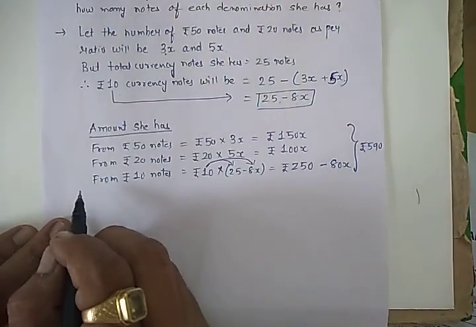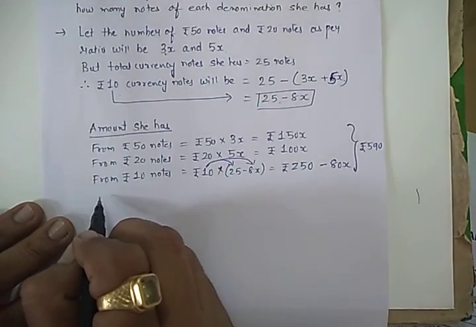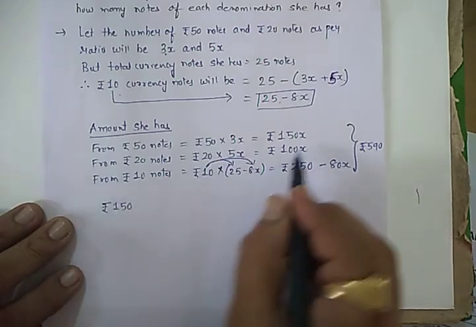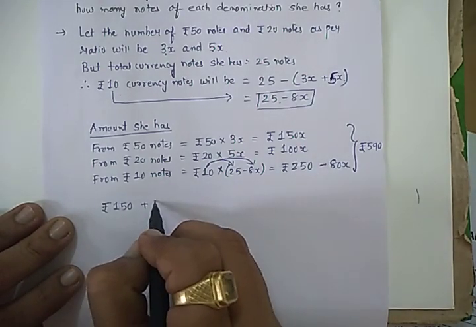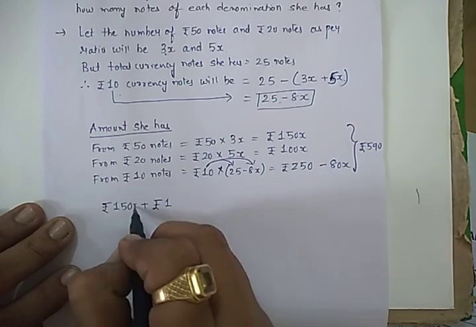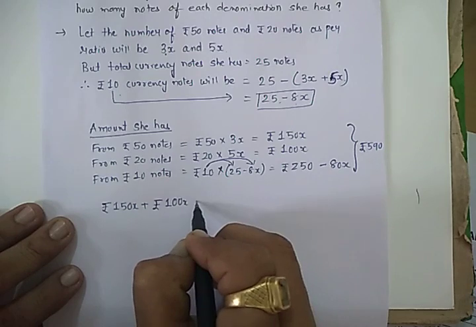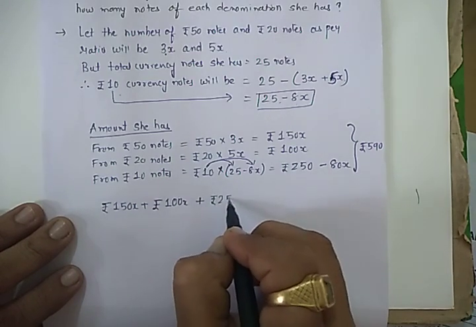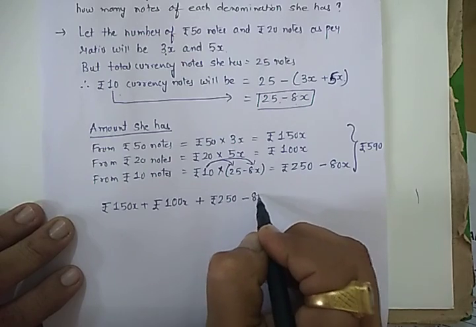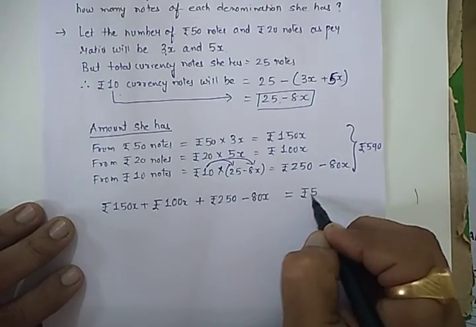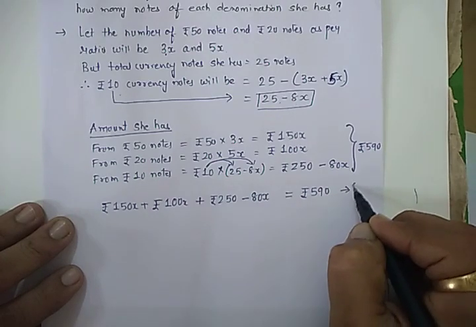So from this we will get rupees 150x plus rupees 100x plus rupees 250 minus 80x, and that is equal to rupees 590. This is our equation.